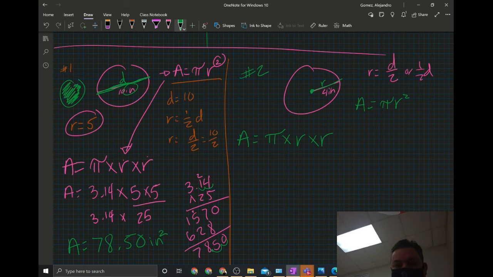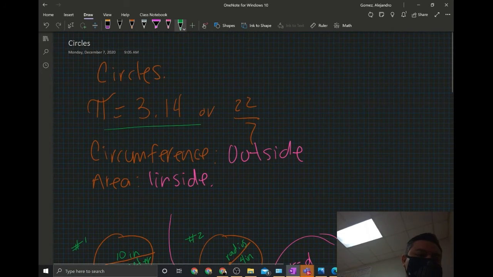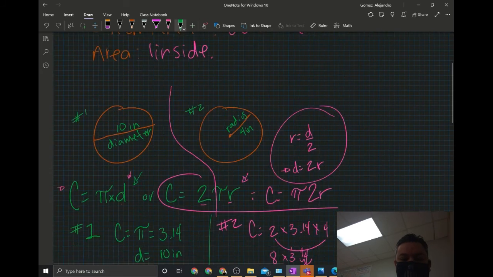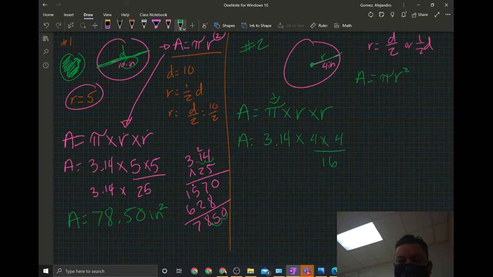So, we go from there. Area equals 3.14. Remember, this is always going to be the same, and it's on your formula chart. Times radius, which is 4, times radius, which is 4. These two equal 16. 16 times 3.14.